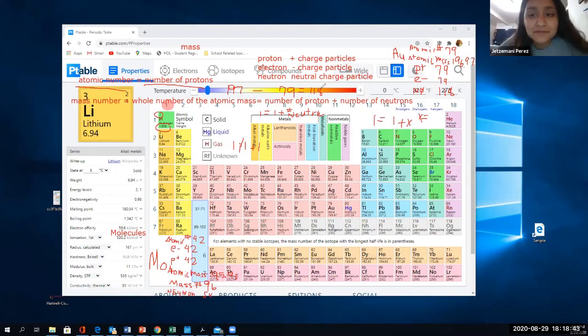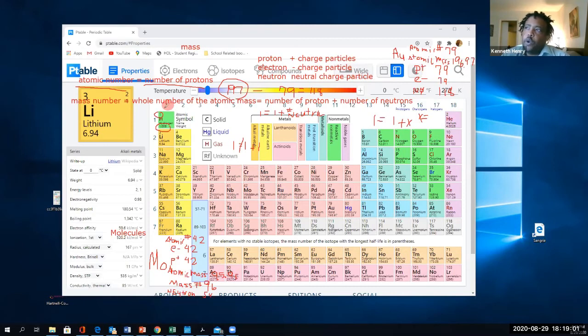So, this here is our mass number, right? We get our mass number from the whole number of the atomic mass. So for gold, the atomic mass is right here. What is the whole number of 196.97? That would be 197.